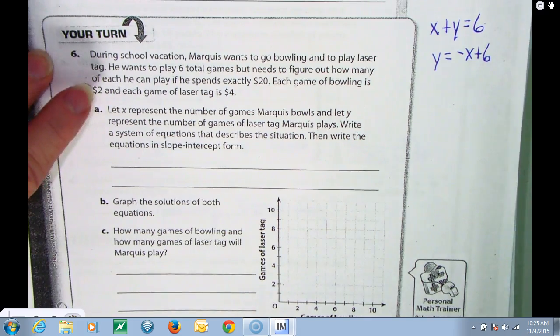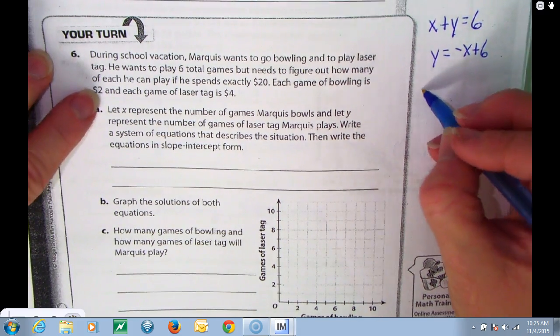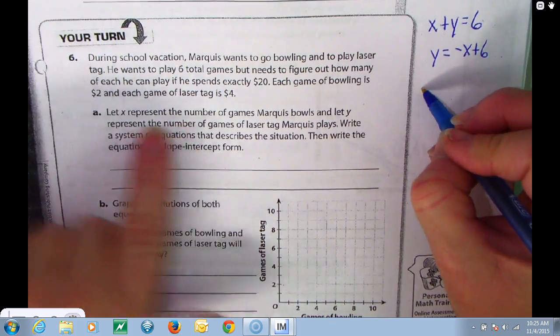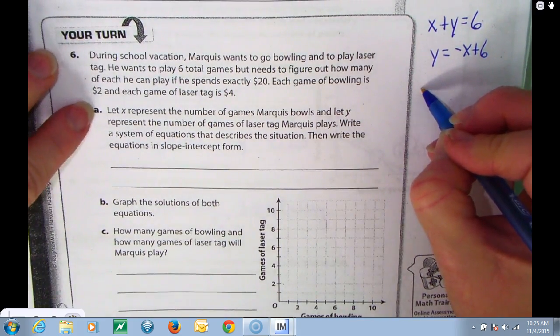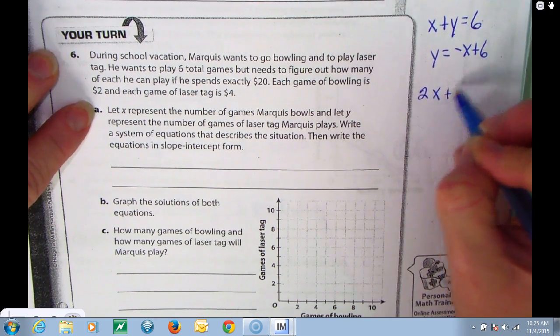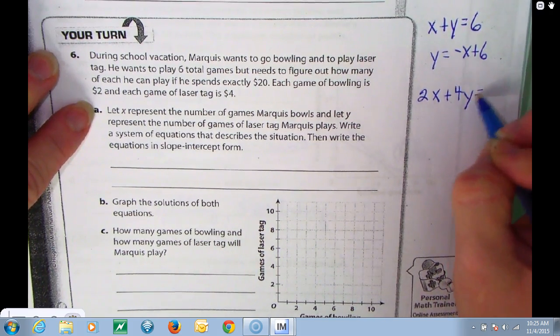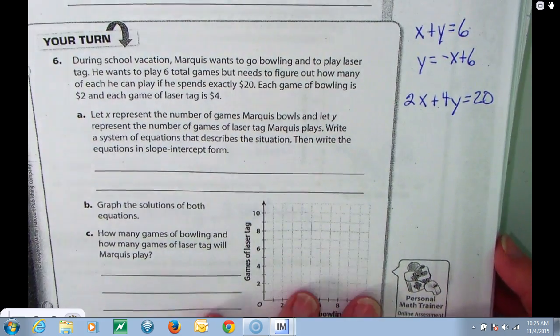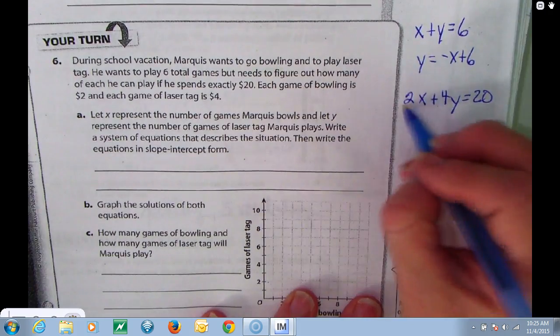Okay? Now let's think about the money. Each bowling game is $2, and laser tag is $4, and he's got $20 to spend.